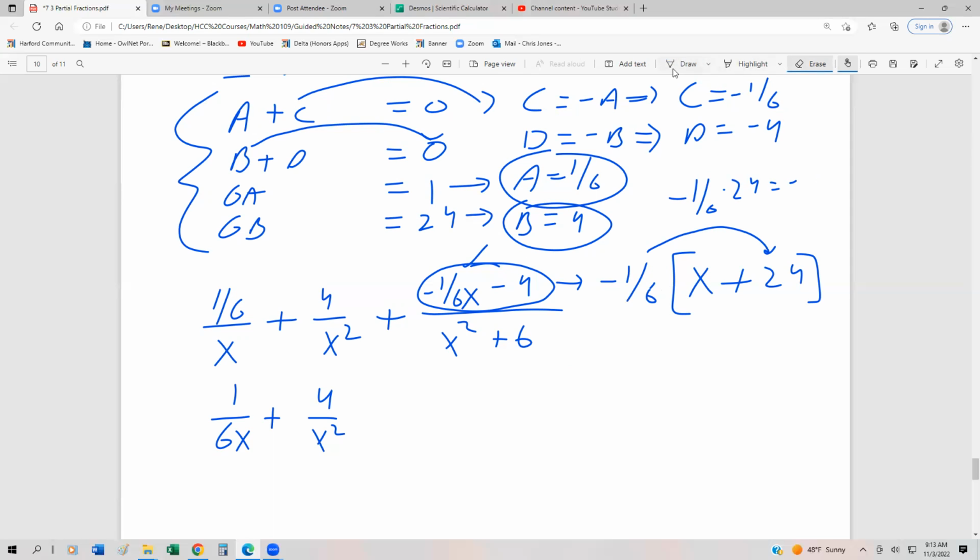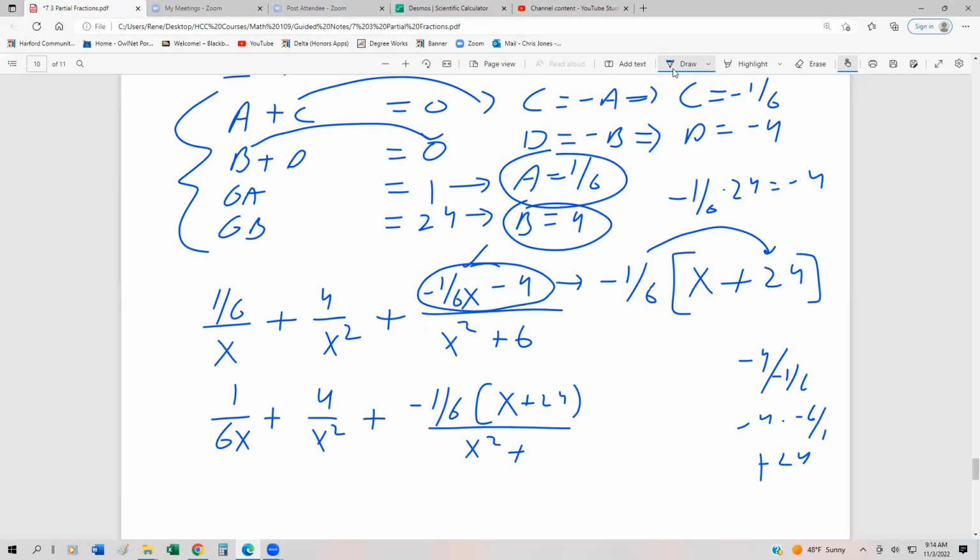So that's what you want to do when you're doing this, just think to yourself, or you could just take negative 4 divided by negative 1/6, or negative 4 times the reciprocal, which would be positive 24. All right, so this could be written as plus negative 1/6 times x plus 24 over x squared plus 6.